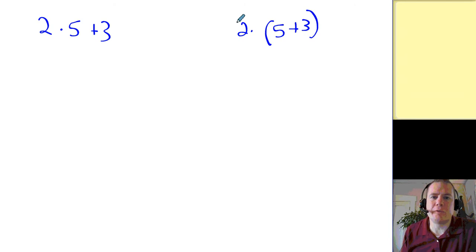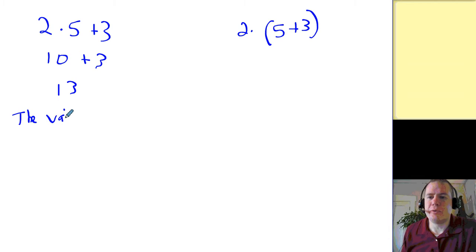The product of 2 and 3 more than 5, or 3 more than the product of 2 and 5. And when we evaluate this, we're just doing the operations. We're finding the value of this expression. 2 5s make 10. 3 more than 10 is 13.